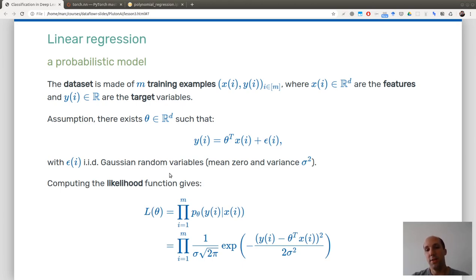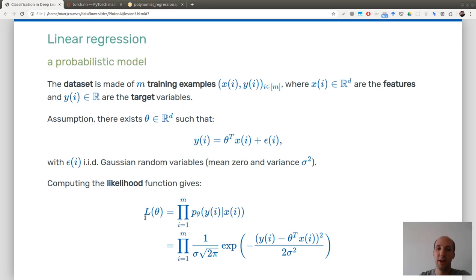So one thing you can do in order to estimate the theta, if you have only access to the dataset, is compute what is called the likelihood, which is basically the probability distribution of the y knowing the x. In this case, there is only one source of randomness, which is in this Gaussian noise, the epsilon.